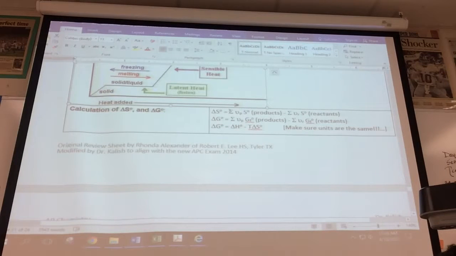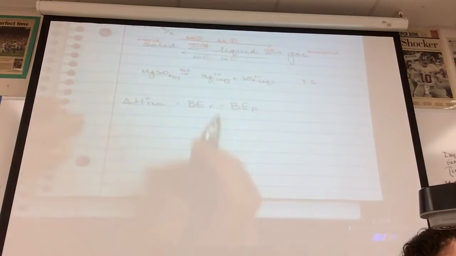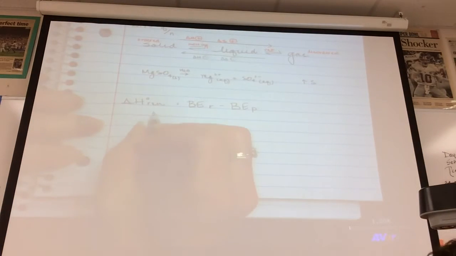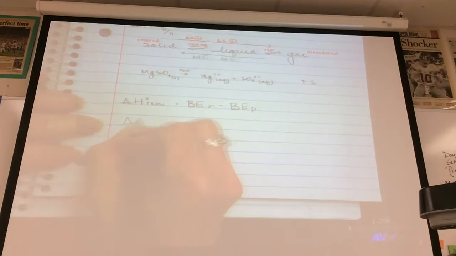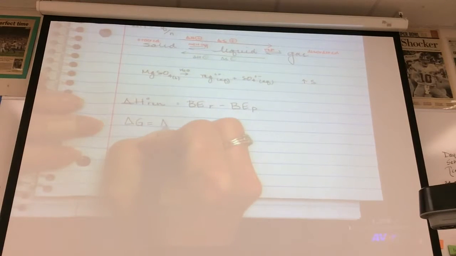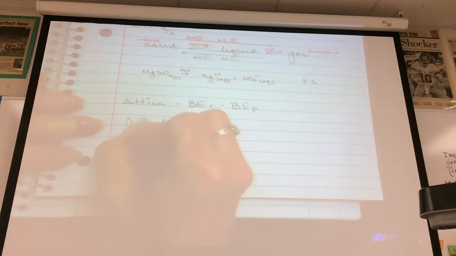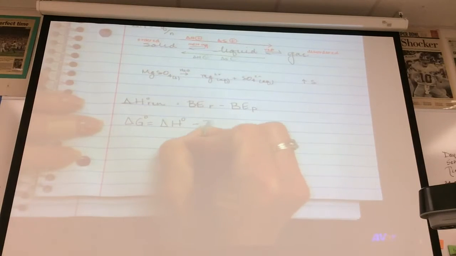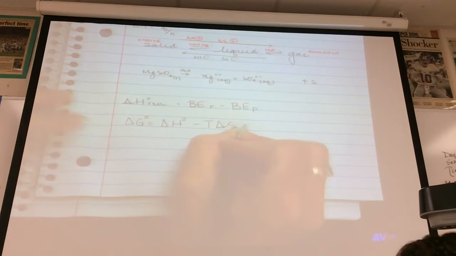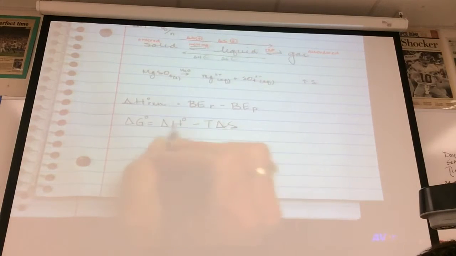Remember, with entropy and delta G, you can do all of them as products minus reactants because you have a state function. And the other thing I want to remind you of, and we'll take a look, most of these equations are provided to you. You'll remember from both honors and AP that delta G is equal to delta H minus T delta S, and I wrote on there, make sure the units are the same.